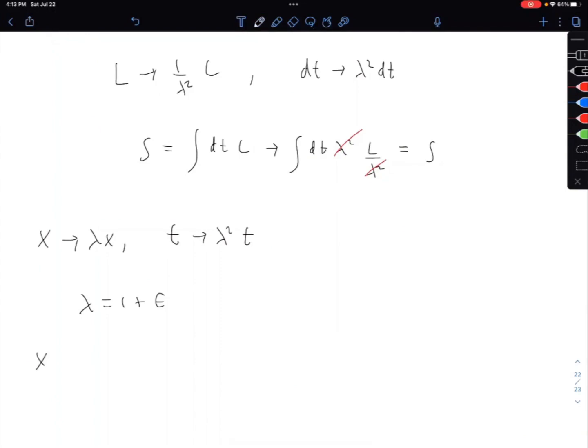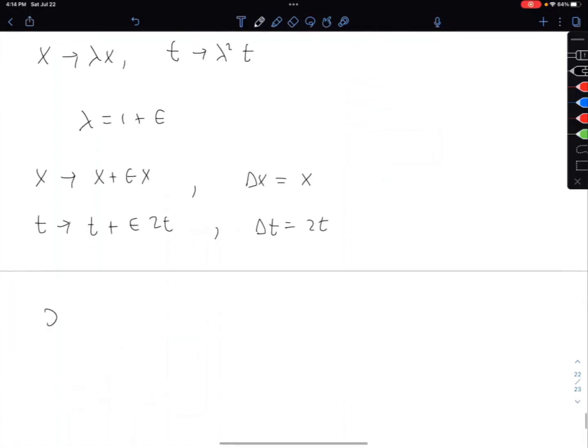So x is going to become x plus epsilon x, and t is going to become t plus epsilon times 2t. This means that delta x is x, and delta t is 2t.